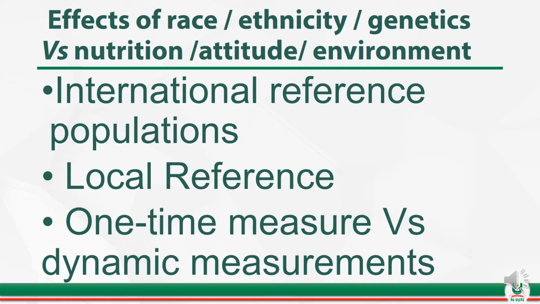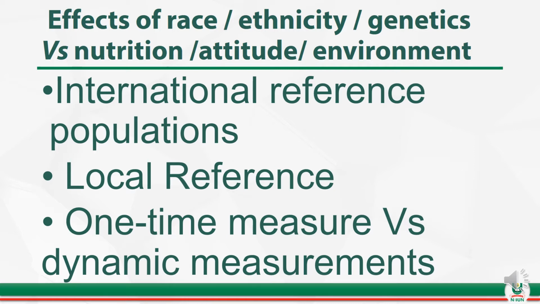Another thing to look out for is that in every environment, in every community, in every population, in every country, in every ethnic group, there is an interplay of factors that play a role in the development of what we call a reference range for either weight or height for different age groups and different ethnic groups.